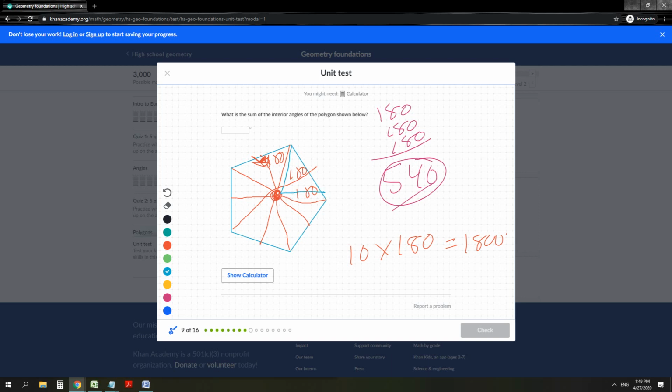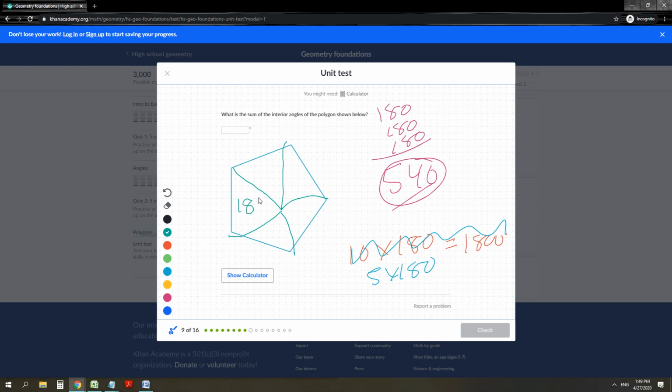Right? This triangle, the same exact one here. This is 180. This is 180. Do 5 times 180. Right, each of these is 180.